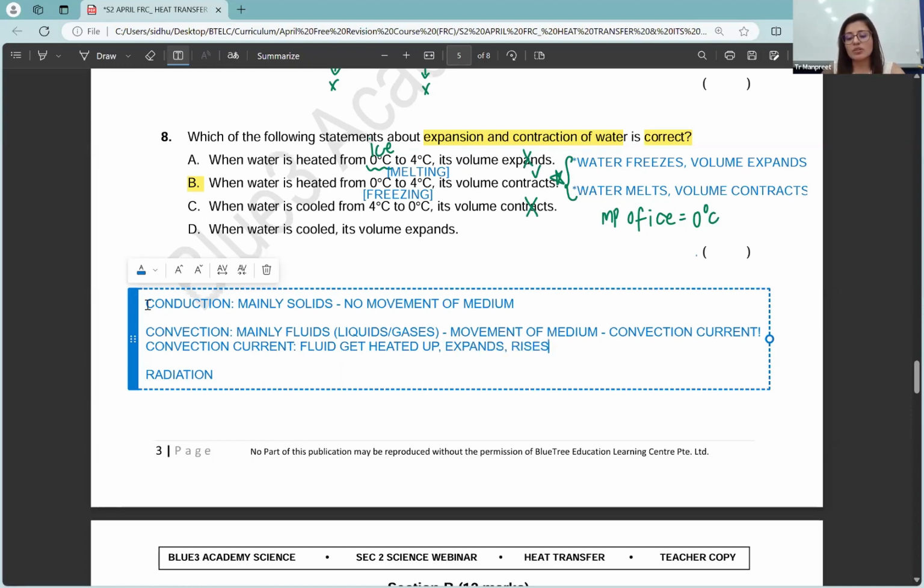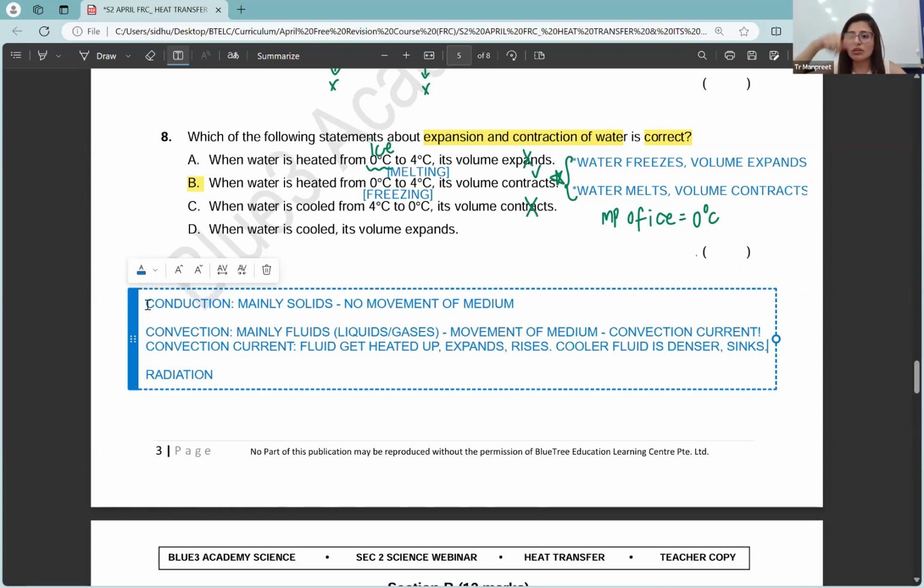Then the cooler fluid, again liquid or gas, because it must be able to move freely, is denser, so it sinks. One rises, one sinks.